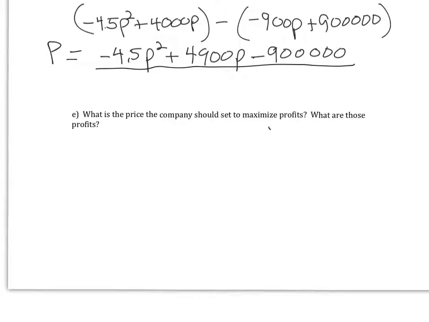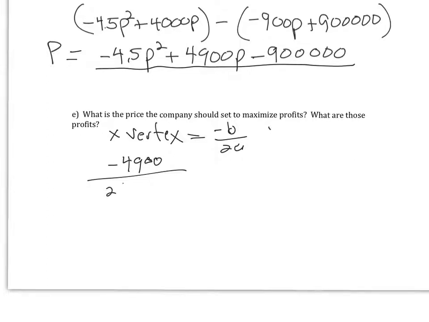We use that the x value of the vertex is equal to negative b over 2a, which means it is equal to negative 4,900 over 2 times negative 4.5. Let's cancel out the negative, so we end up with 4,900 over 9.